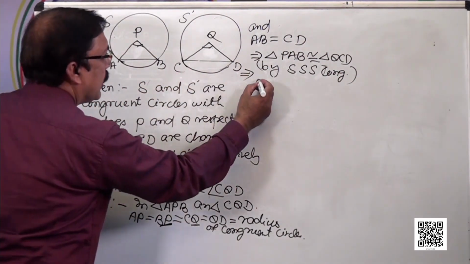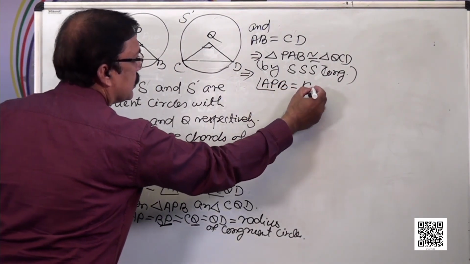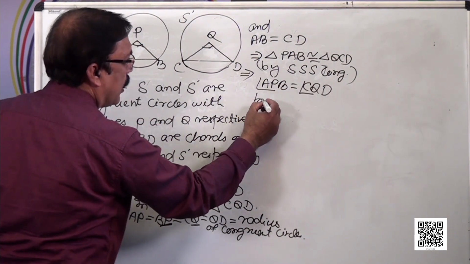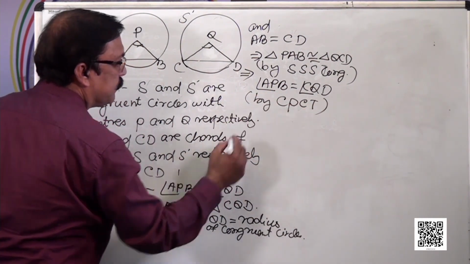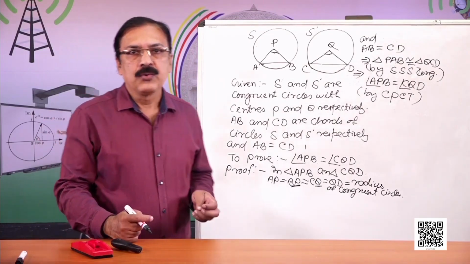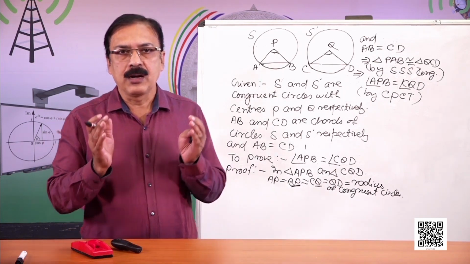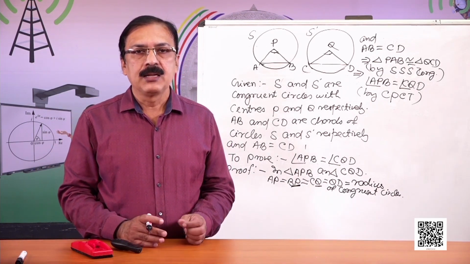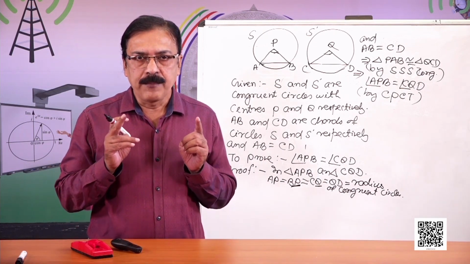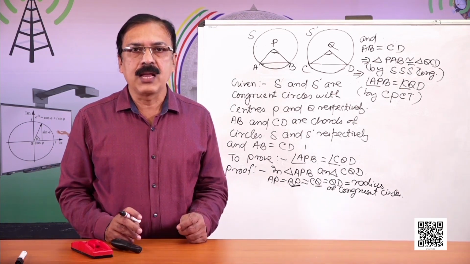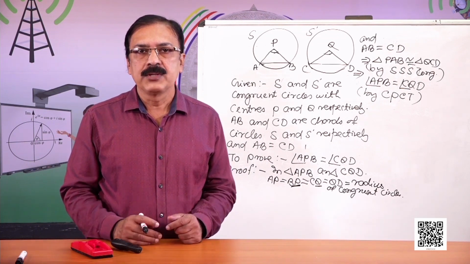And this implies angle APB is equal to angle CQD by corresponding parts of congruent triangles. So here again we proved the same thing, but if the circles are congruent, then that theorem also holds good, that if two chords of congruent circles are equal, then they subtend equal angles at their respective centers.